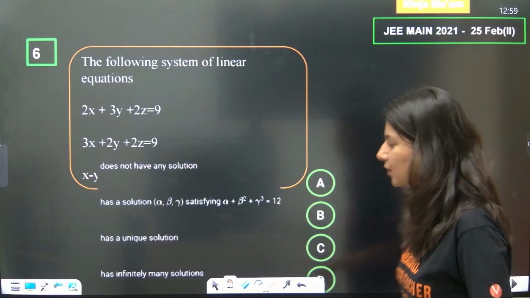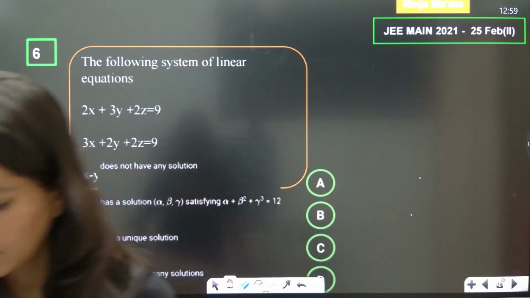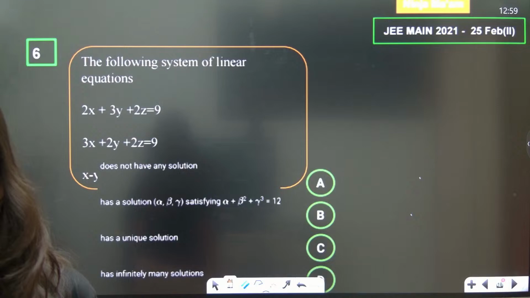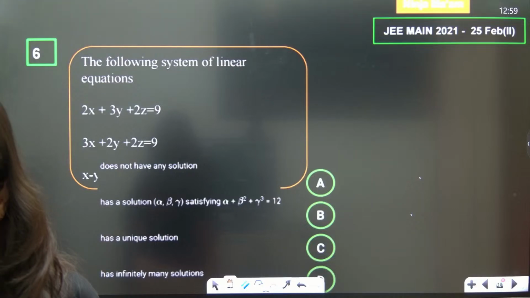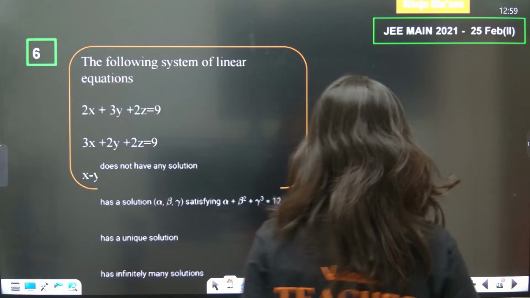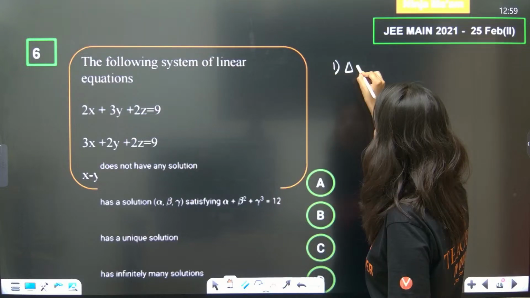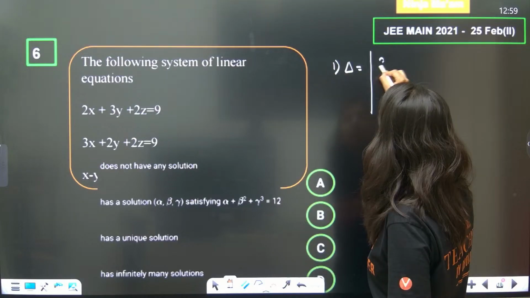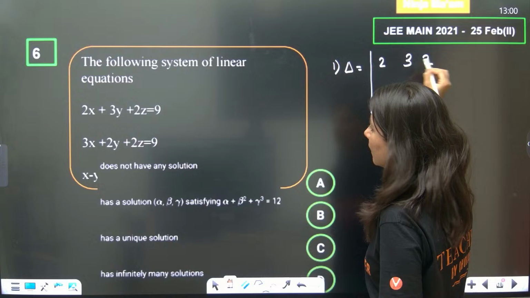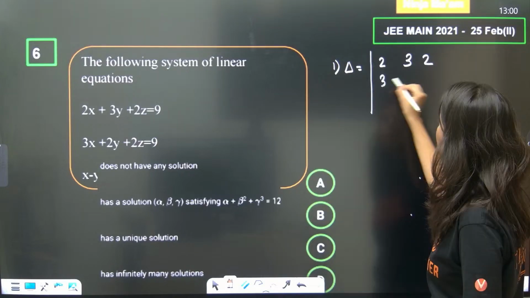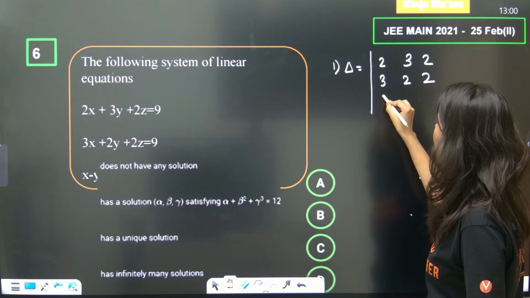We need to actually tell what is happening over here. First of all, let's calculate delta: 2, 3, 2, then 3, 2, 2, then 1, minus 1, 4.